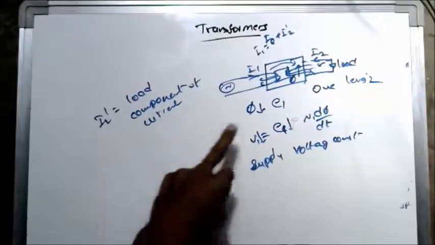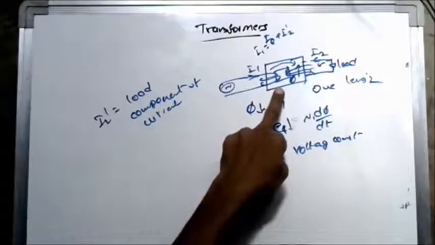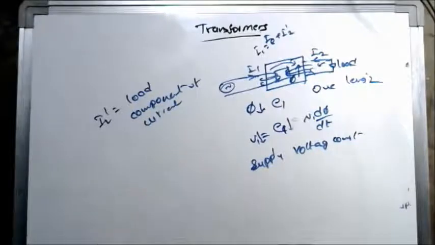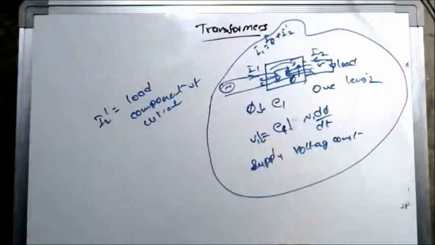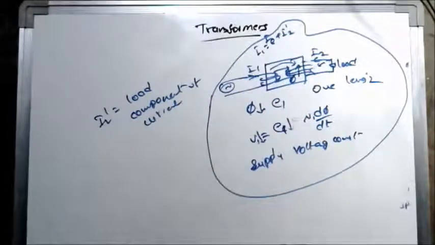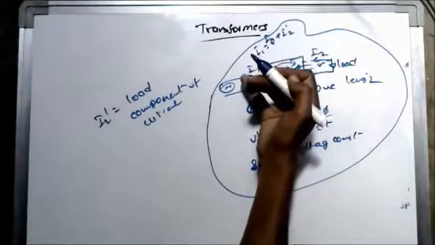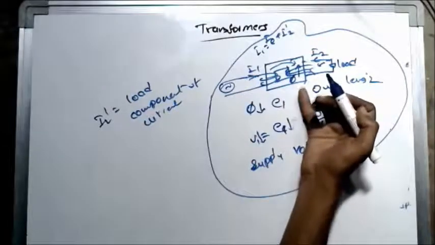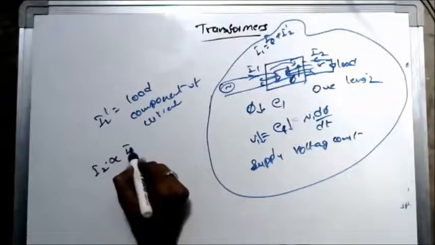So as the load increases, I2 dash increases to supply the same flux in the core. All these simultaneous actions will take place in the transformer. Now as I2 dash increases, the power supplied from the AC source also increases. So I2 is directly proportional to I2 dash.